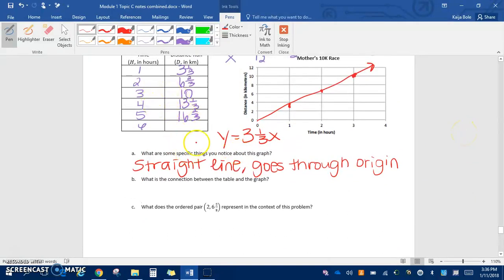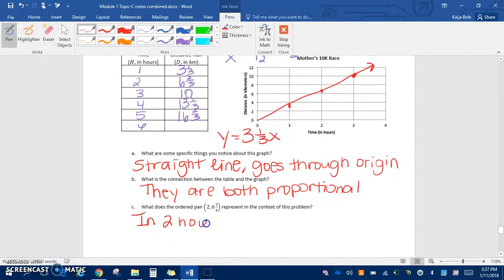And we know that they both have a constant, so that means they are both proportional. And then the last thing, part C says, what does the ordered pair 2, 6 2/3 represent in the context? So the 2 is x, which is time, so we would say in 2 hours, she ran 6 2/3 kilometers.